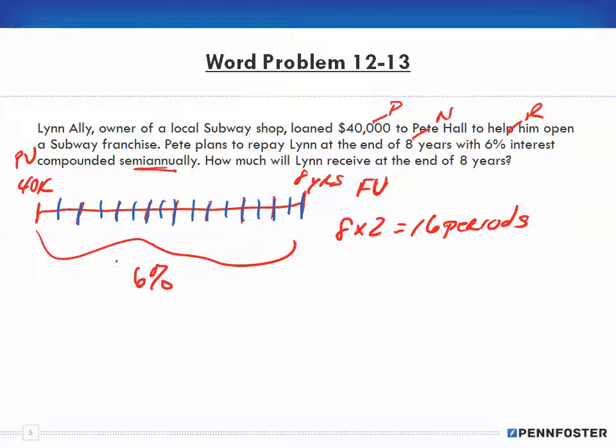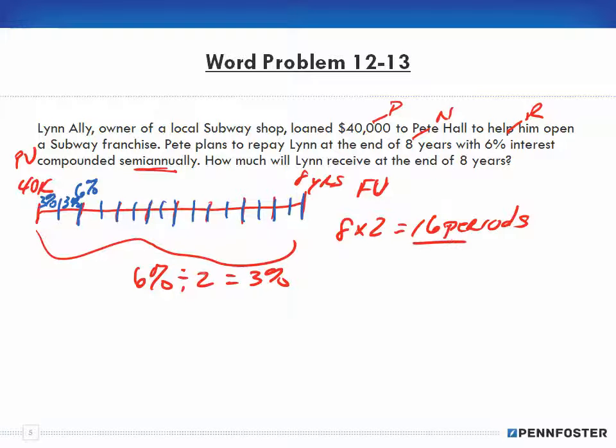And for the interest rate, if this is 6% a year and it's compounded semi-annually, that means it's 3% here and 3% here. So we take the 6% and divide that by the number of compounding periods, or 3%.